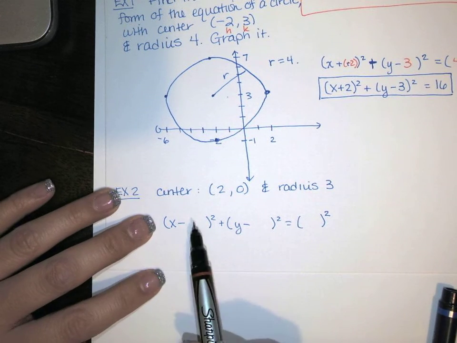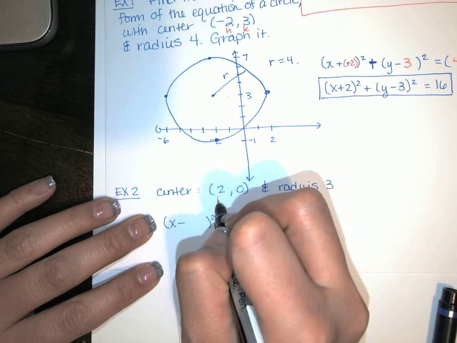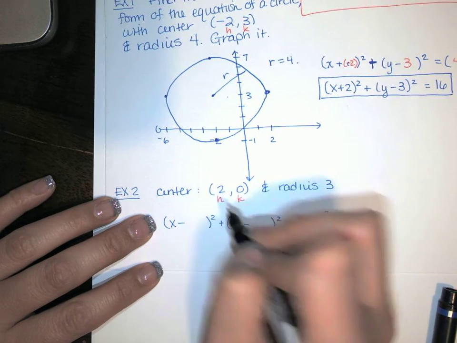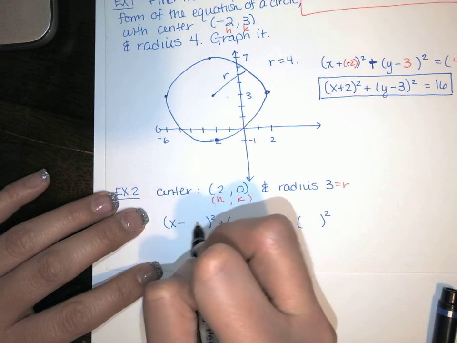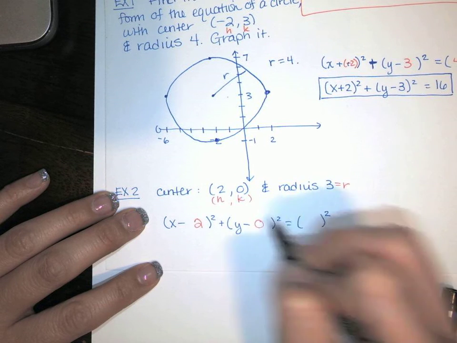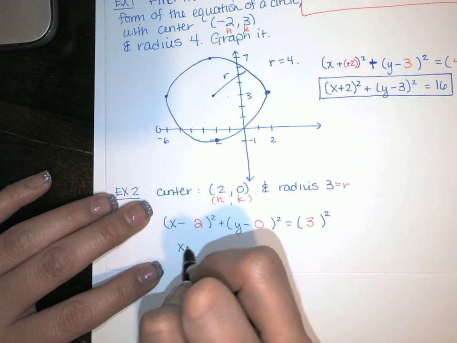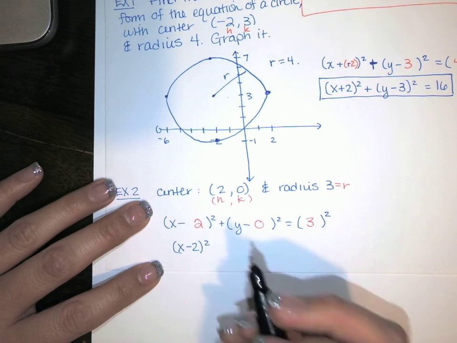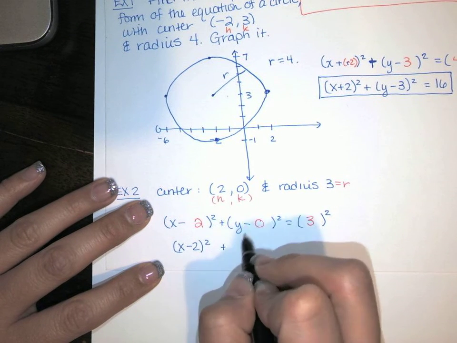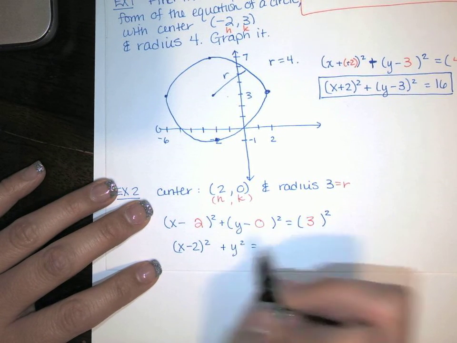With this placeholder notation, I've got spaces to fill in my h, my k, and my r. h is 2, k is 0, that's h and k, and r is 3. So we substitute in 2, 0, and 3, and then simplify. (x minus 2) squared doesn't simplify, don't actually multiply it out, just leave it factored that way. And then y minus 0 is just y, that's squared, and 3 squared is 9.